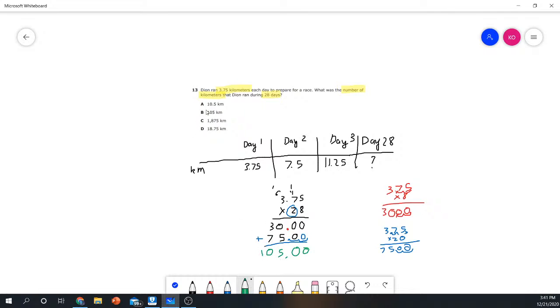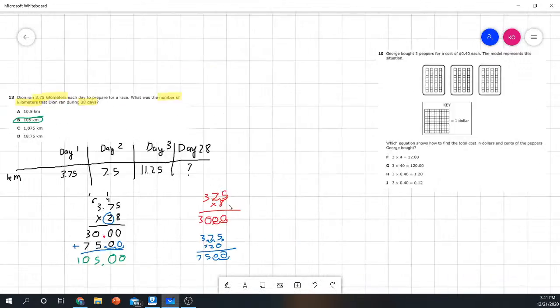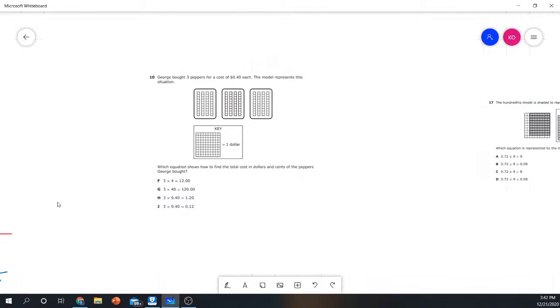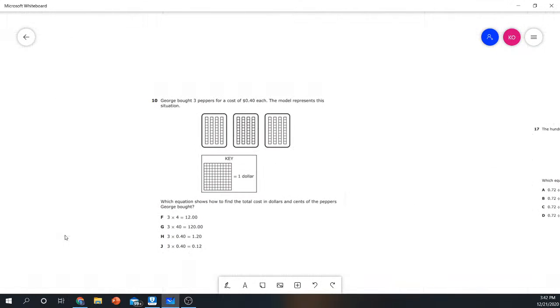So our answer would be B, right here. During the 28 days, he would have run 105 kilometers. So now let's move on to our next problem.